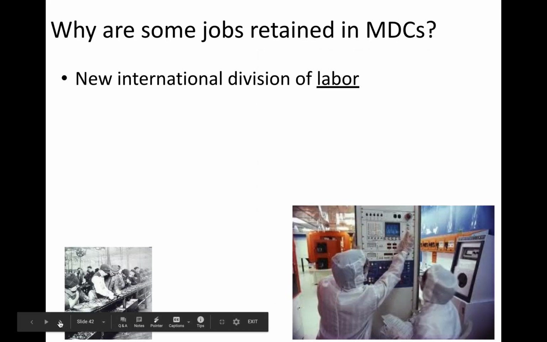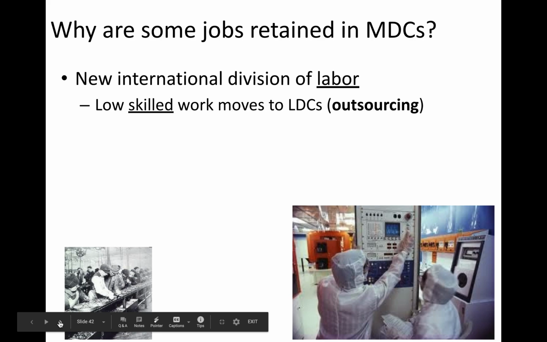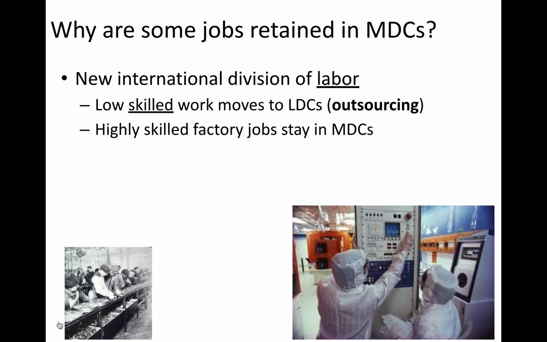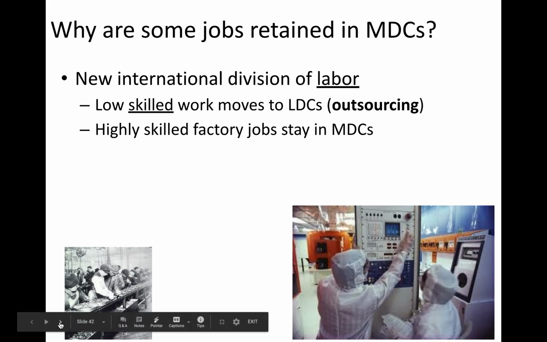There's a new international division of labor. It's the low-skilled, cheap labor, which is outsourcing most of the manufacturing to countries that have low-skilled, cheap labor. High-skilled factories stay in the more developed countries, so high-skilled manufacturing jobs like in artificial intelligence or robotics.